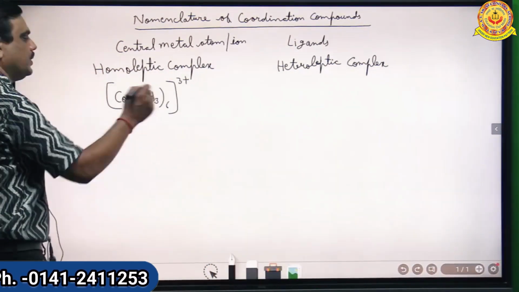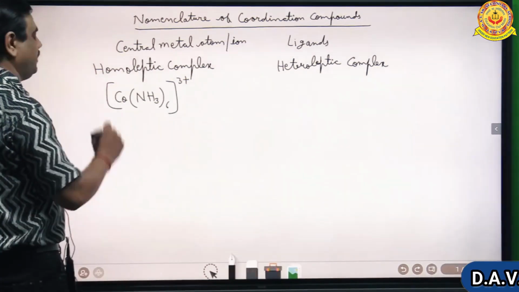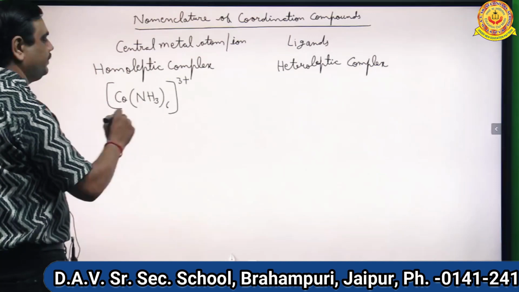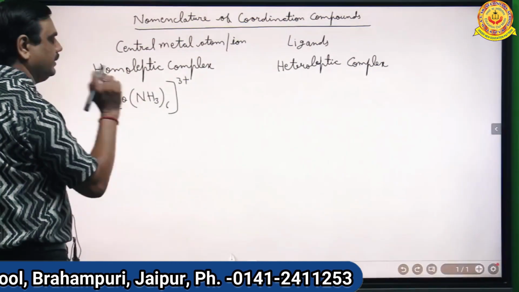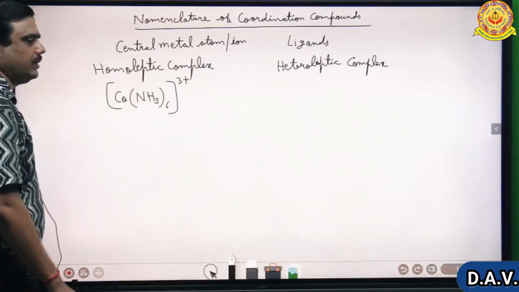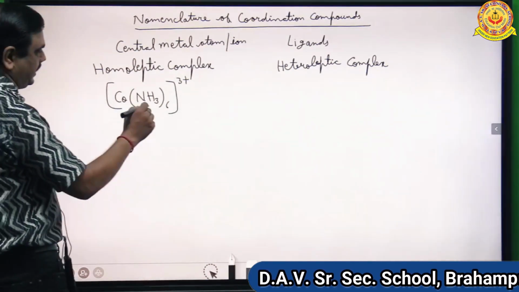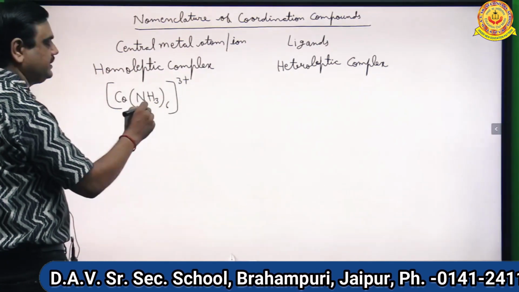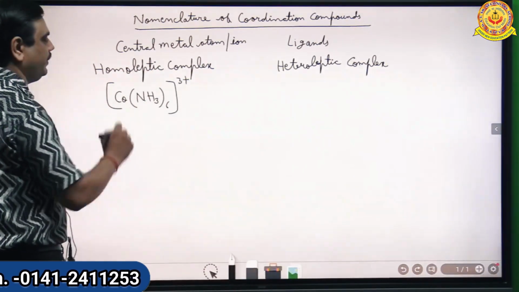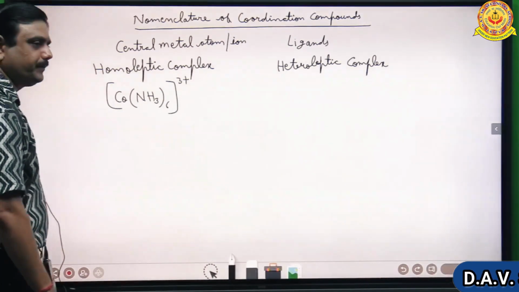This is a positive complex. During writing the name of complex, means coordination sphere, as you know, what we write in the square bracket is called coordination sphere. First we write the name of ligand along with its number. Now here the name of ligand is amine.